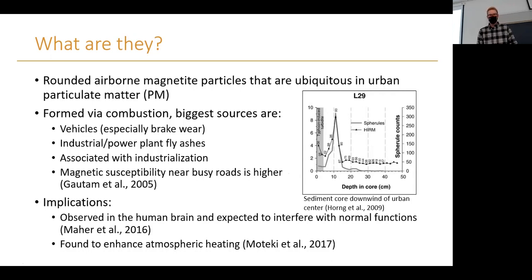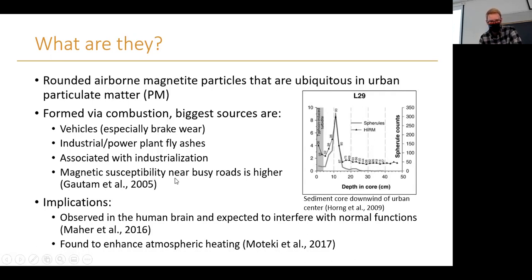They've also found that magnetic susceptibility near roads is higher. They're talking about vegetation near roads in the study in Taiwan, or not in Taiwan, in Thailand. And they attribute this increase in magnetic susceptibility to the presence of these little iron spherules.